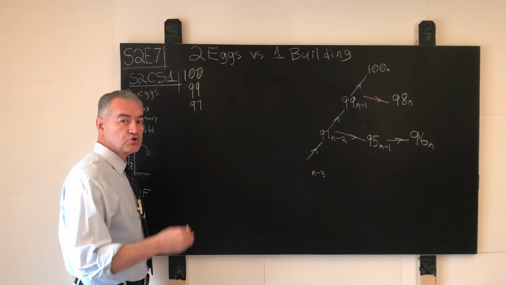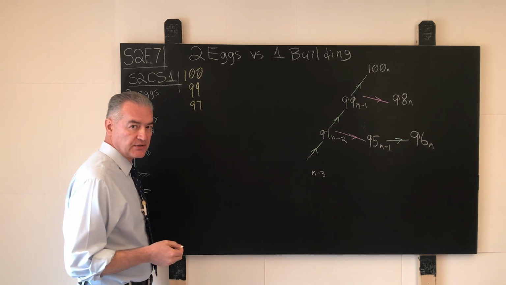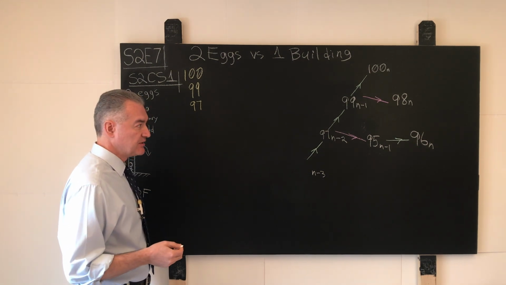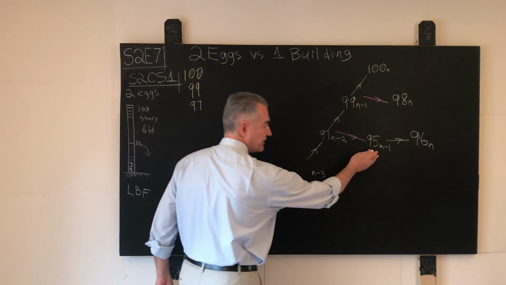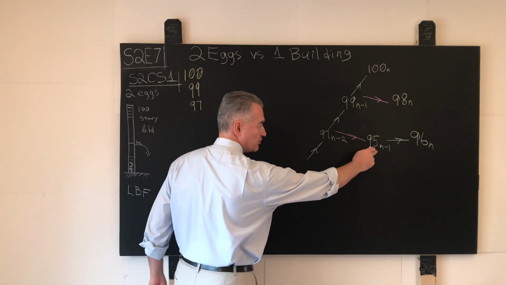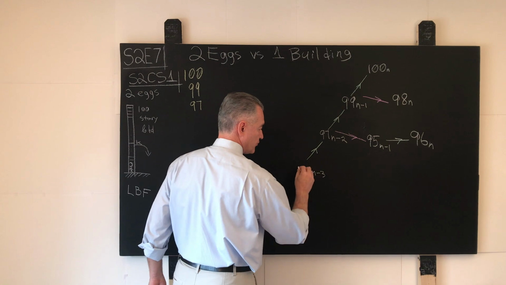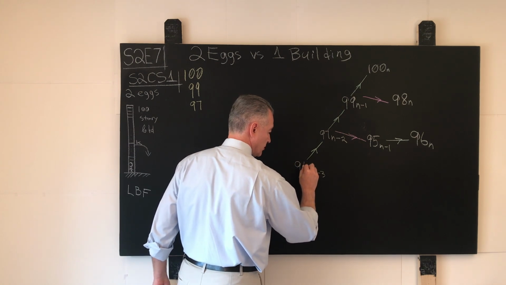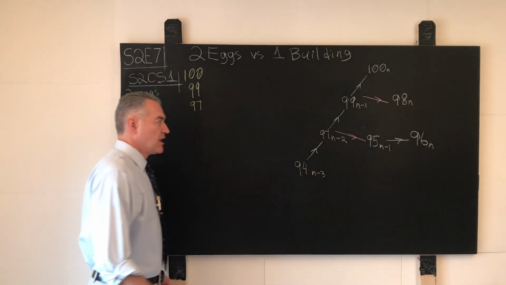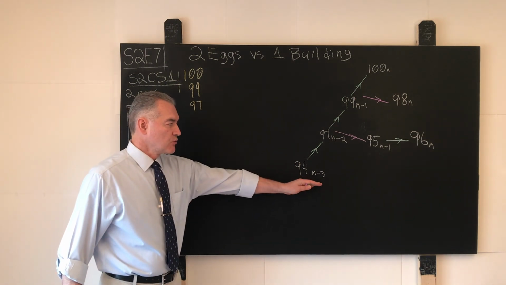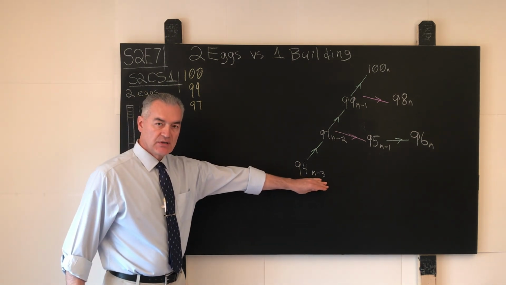And because no floor in the building can be left not tested, it follows that the candidate for the floor f sub z will be 95 minus 1, or the floor number 94. And on that floor we will execute the drop number n minus 3.